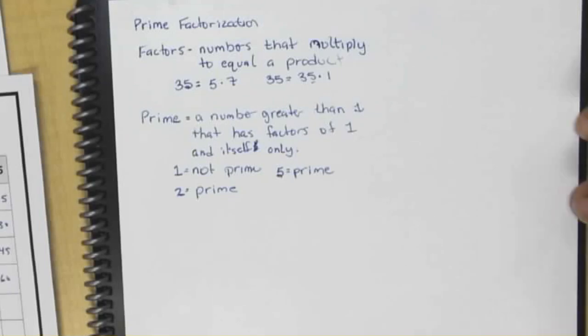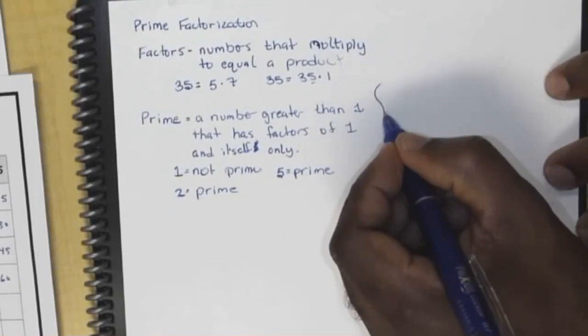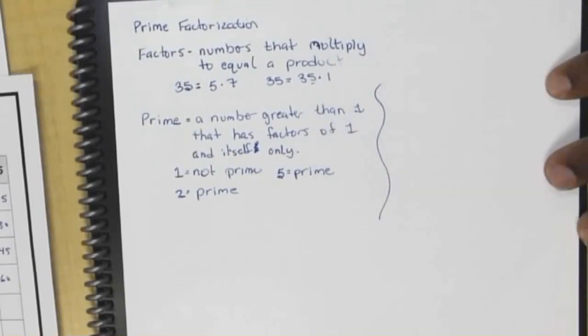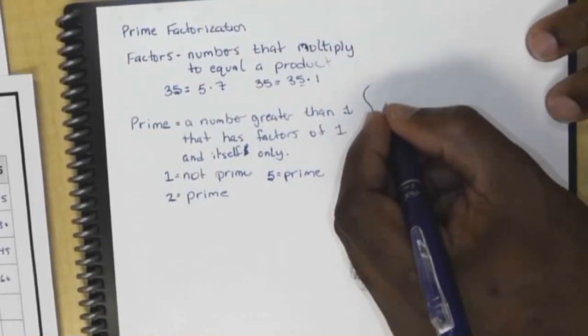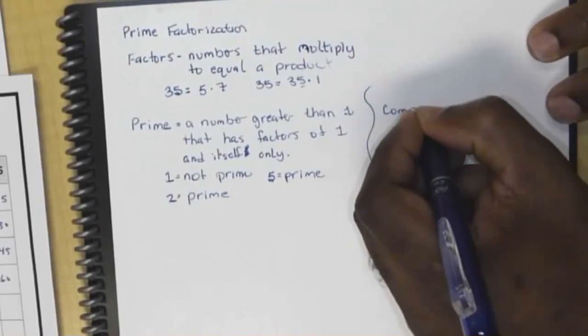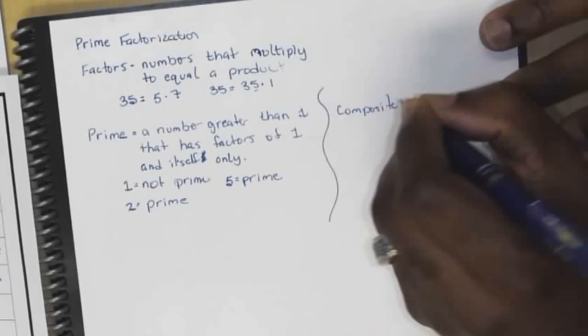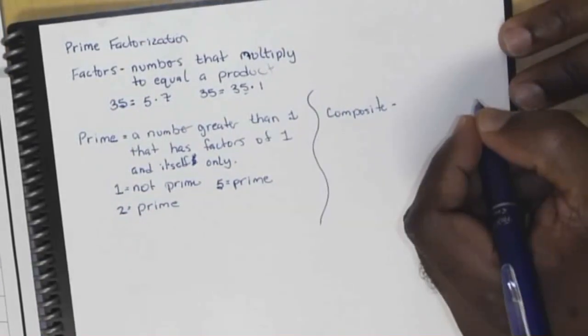Now, we have a term for when something's not prime. It can be something else. It could be composite. All right? It can be a composite number.